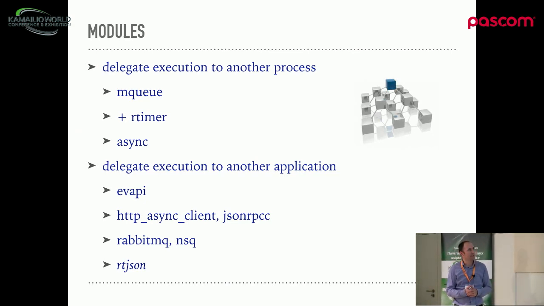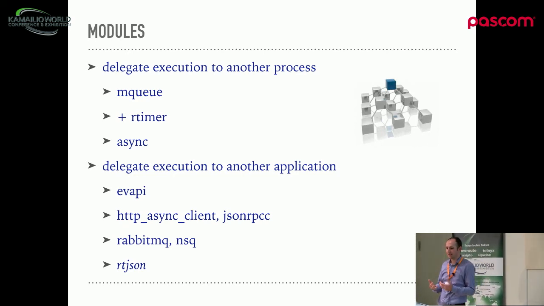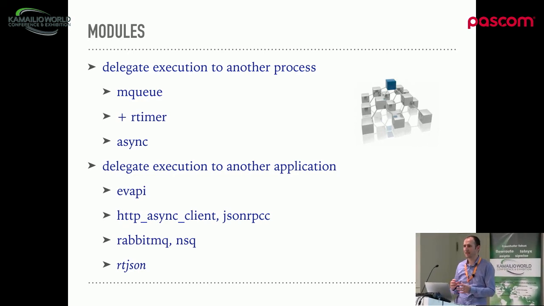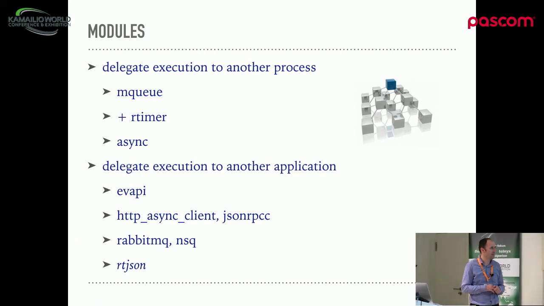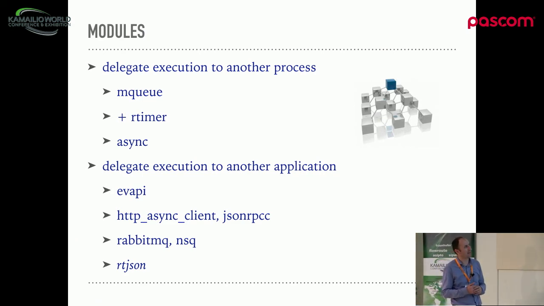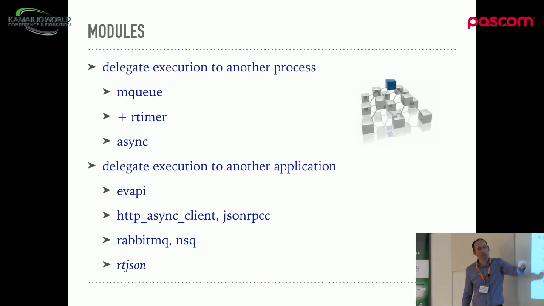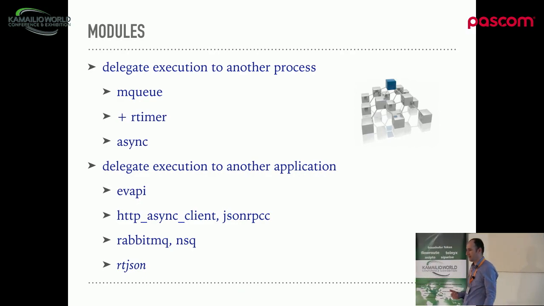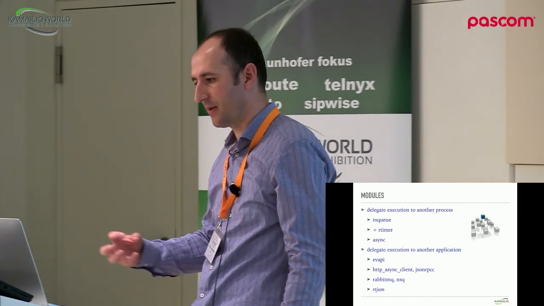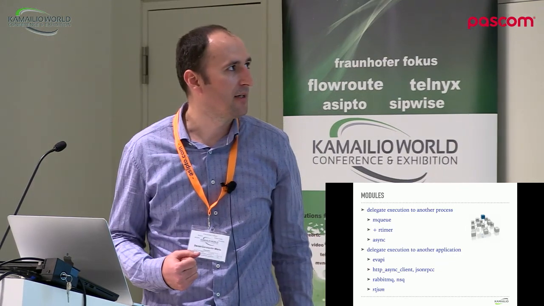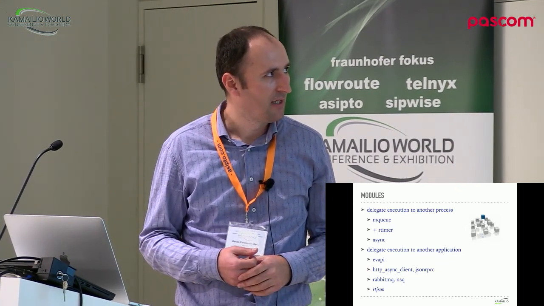First would be delegation of execution of a task to another process, as I said, logging or maybe just inserting records into the database for, I don't know, statistics, analytic purposes, you can delegate it to another process. The first option we had was MQ, message queue, which together with rtimer, which can create timer processes to execute routing blocks on an interval recurrence.